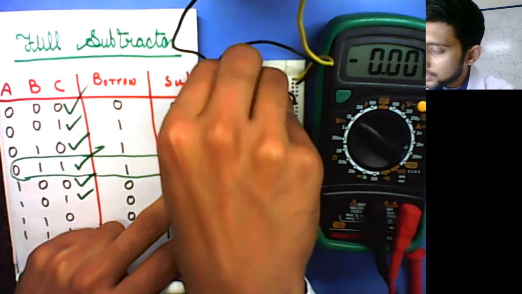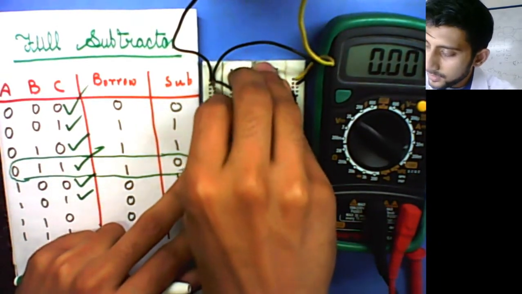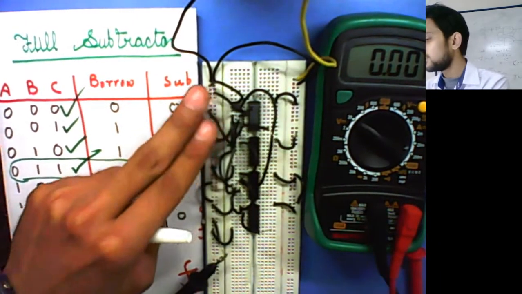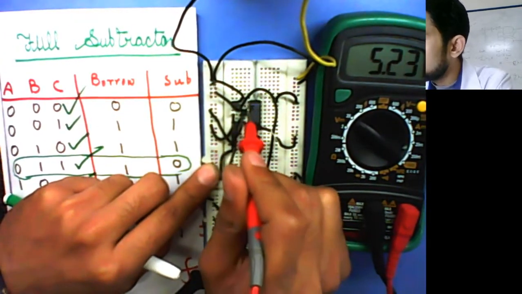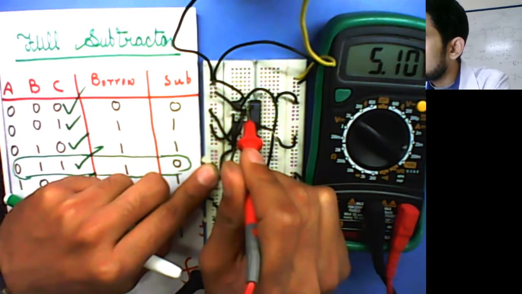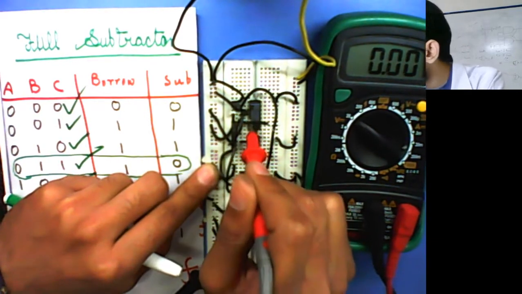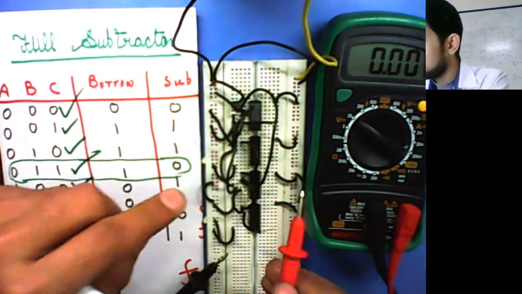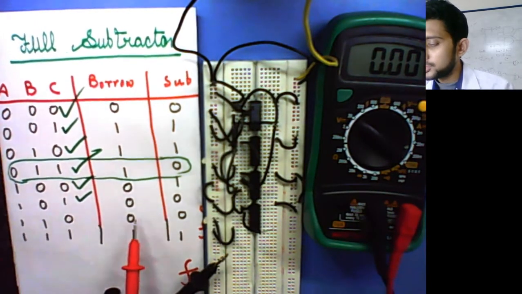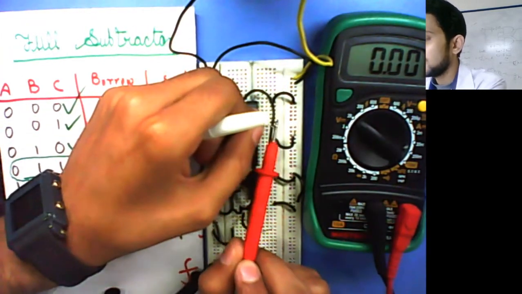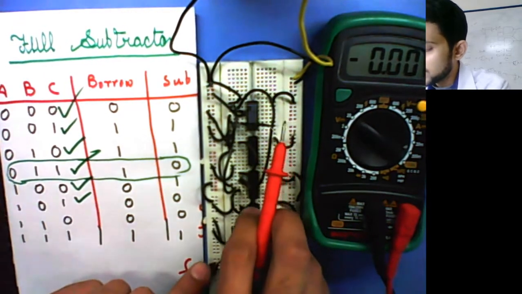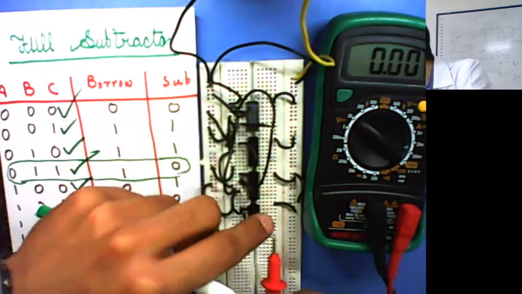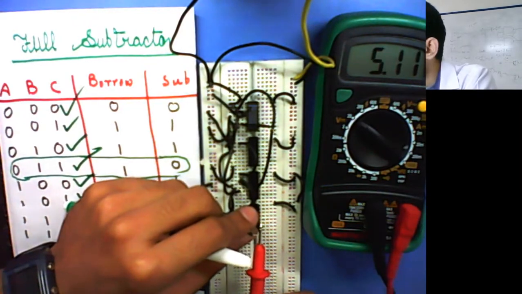1 1 and 0. So now we will check for 1 1 0. Let's check. A is 5.23, B is 5.23, and C is 0.00. The answer is expected to be 0 0. Let us see. F sub is 0, F borrow is, let me check, F borrow is 1.